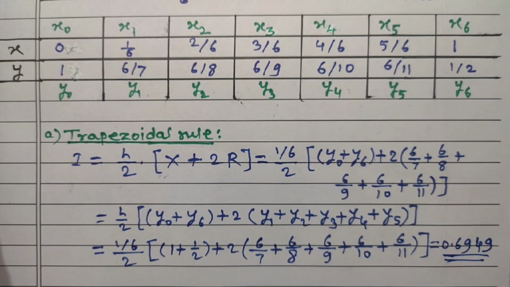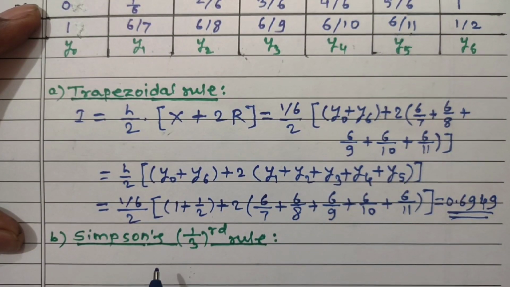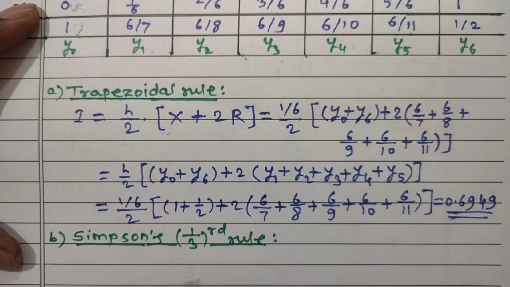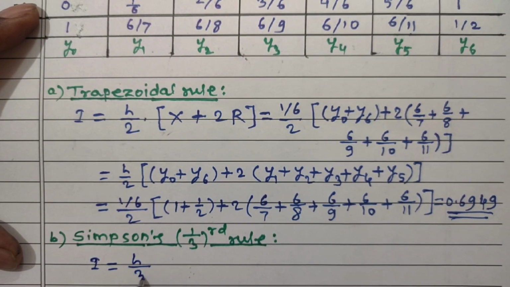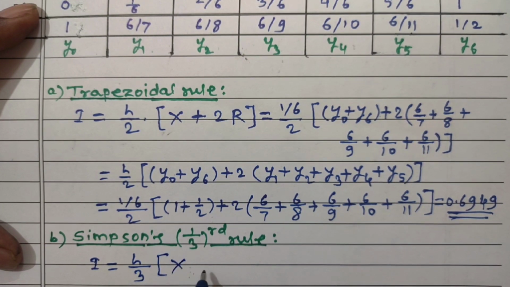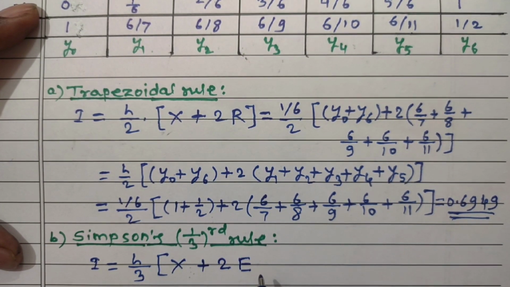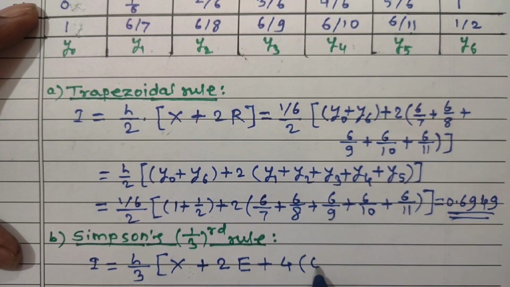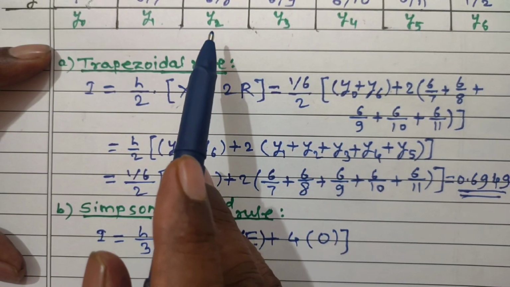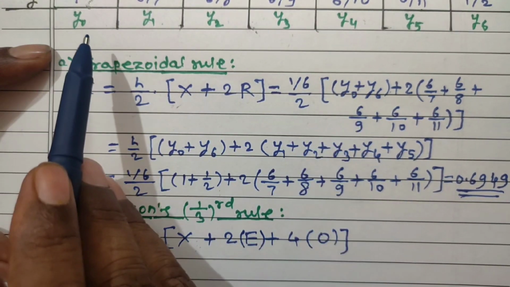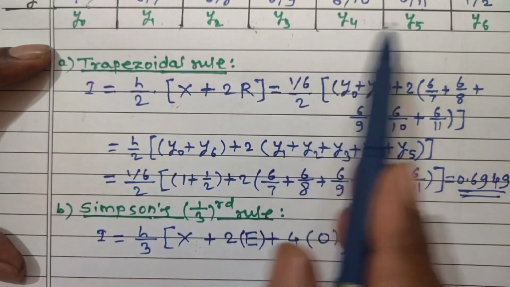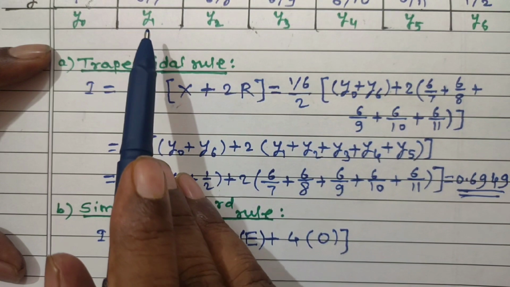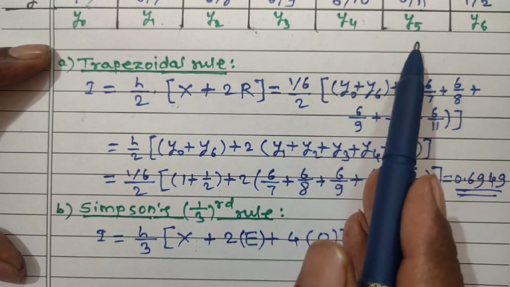Let us apply Simpson's one-third rule. By applying Simpson's one-third rule, the value of integral I is equal to h upon 3 into bracket X plus 2 times the sum of even ordinates plus 4 times the sum of odd ordinates. Even ordinates are y2, y4. Extreme ordinates are y0 and y6. Odd ordinates are y1, y3 and y5.